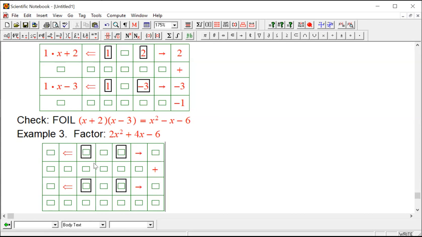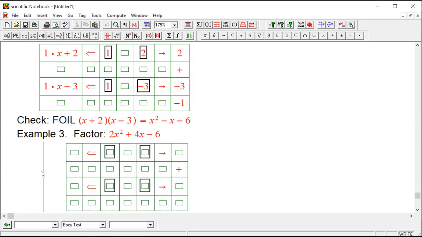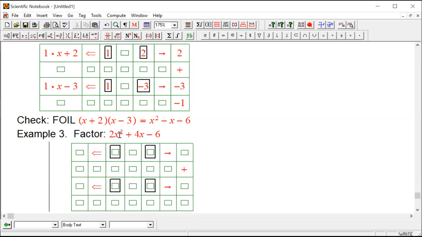And now what we do here is we look at the 2, because the coefficient for x squared is 2. 2 is equal to 1 times 2, or -1 times -2. There are all these options.